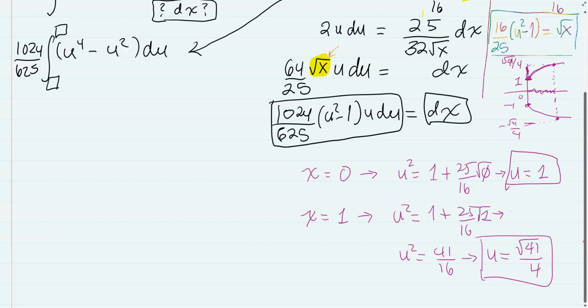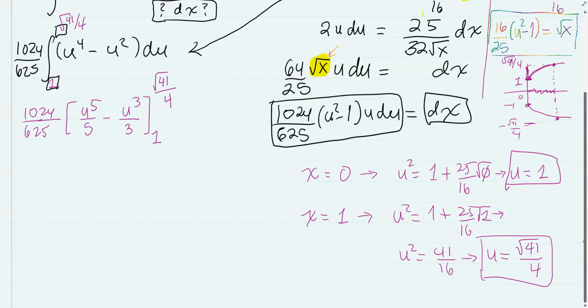Okay, so now here we would say going from 1 to square root of 41 over 4. Easy enough to integrate. That would be 1024 over 625, and the integral of u to the fourth power is u to the fifth over 5 minus u to the third over 3, and we are evaluating that from 1 to square root of 41 over 4.